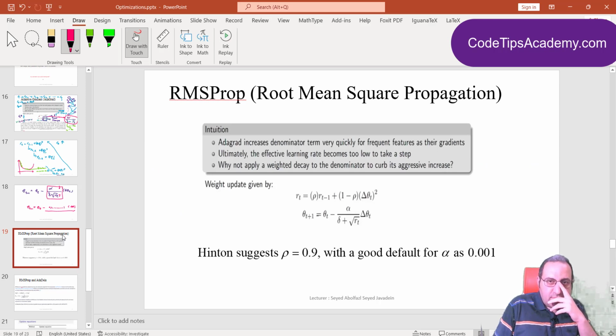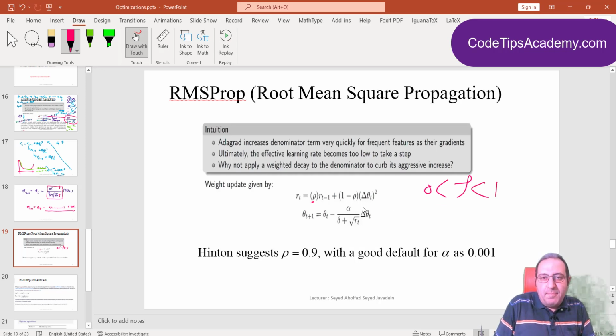He said that we can use something, rho, and rho is something between 0 and 1, and makes a balance between R(t-1) and this square of changes.